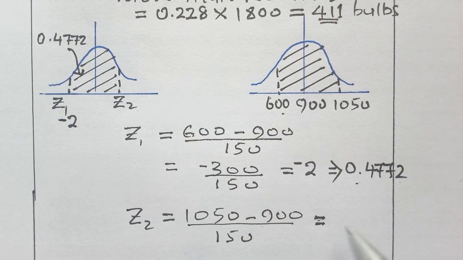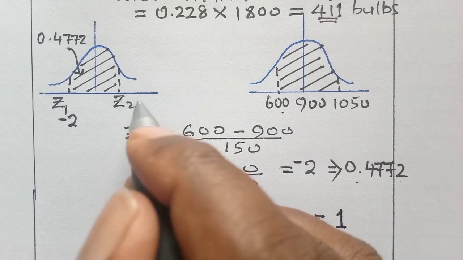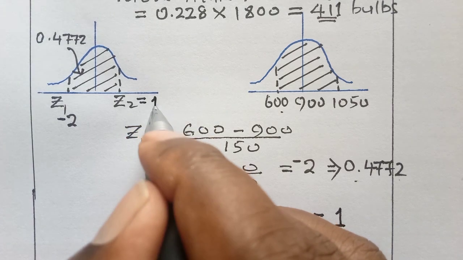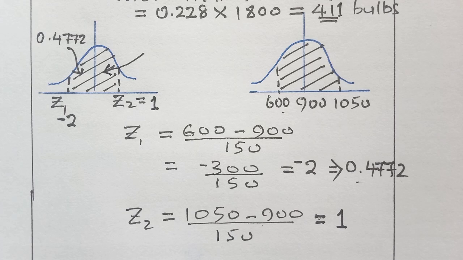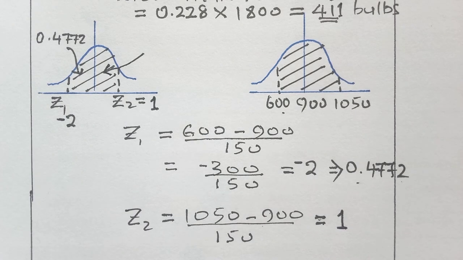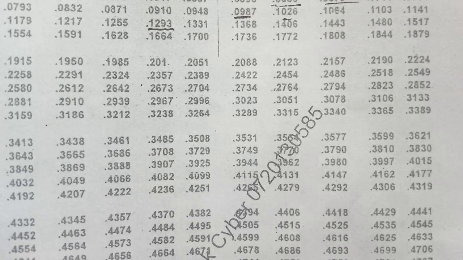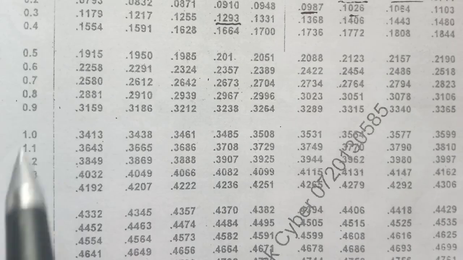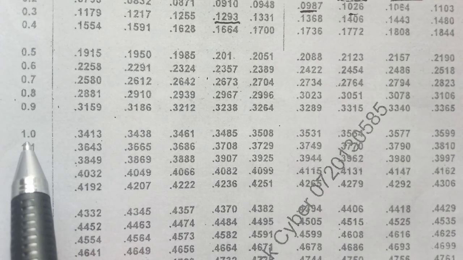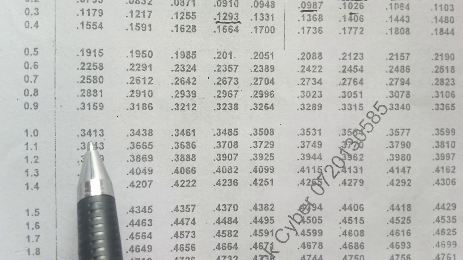After getting 1, now that we had not looked for 1, we need to go to the table and look for it. When we go to the table, we get this area. We look at this table and look where we have our 1. Our 1 is right here, let me show you clearly. This one gives us 0.3413.